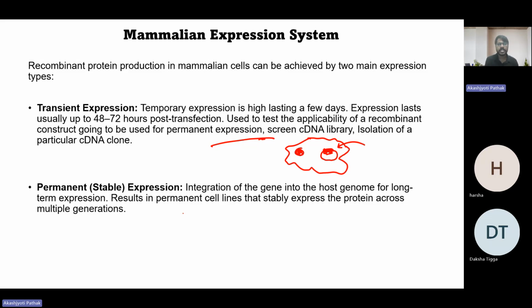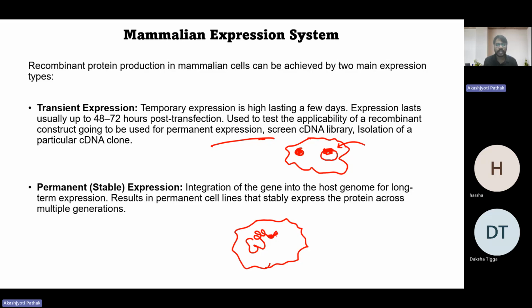But in permanent expression, what happens? If this is your mammalian cell and this is the genome of the mammalian cell, then the plasmid that you have transfected in the mammalian cell gets integrated within the genome of the host cell.